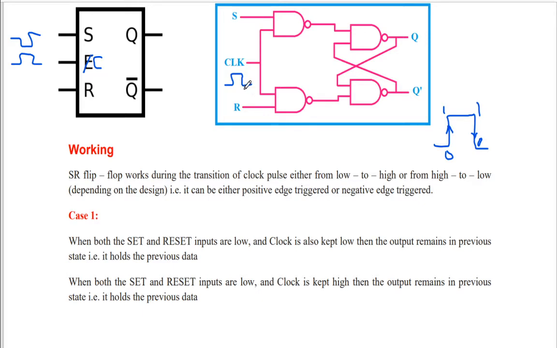You can have a symbol like this or like this, which tells it is working on a negative edge triggered flip flop. So we call it either a positive edge triggered or a negative edge triggered flip flop.